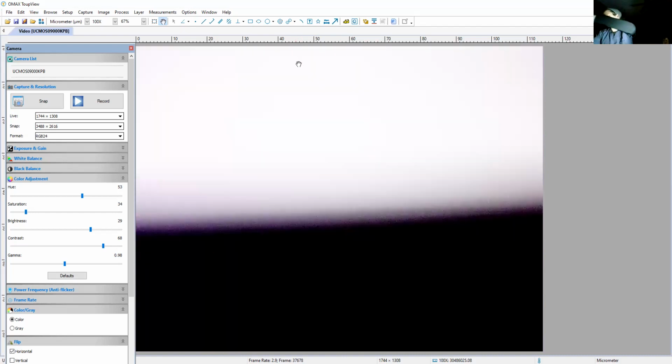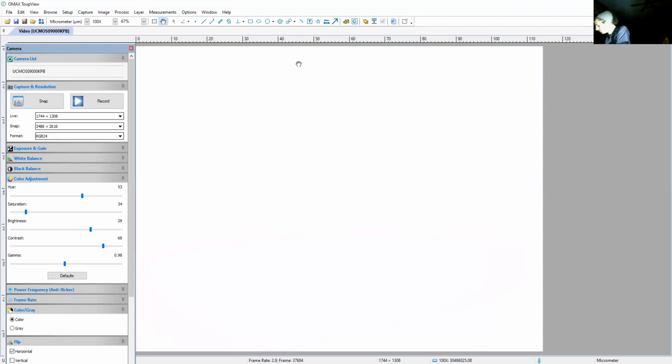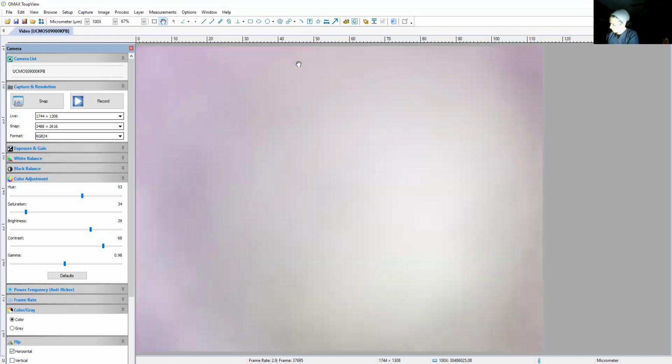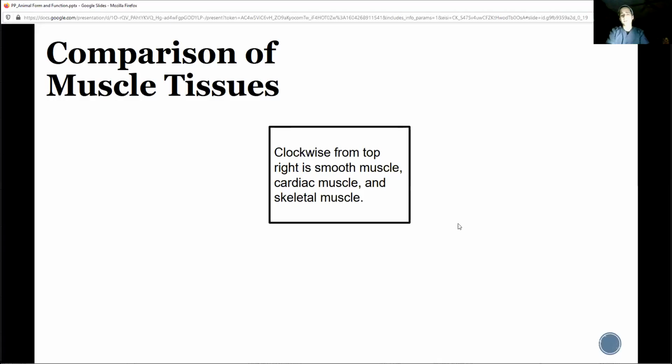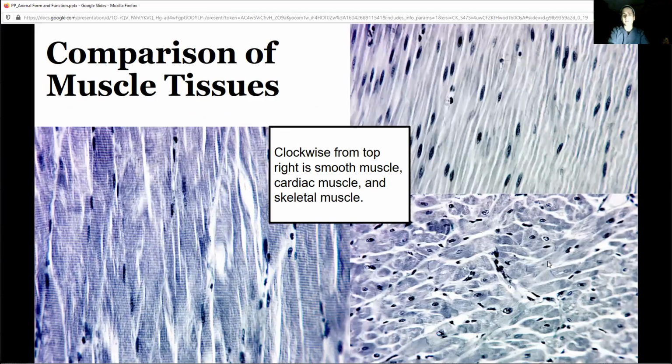Now, we have some new slides here to check out. So let's go back to our PowerPoint real quick. I've just recently updated it to reflect these changes. They're going to be stained a little bit differently over here.